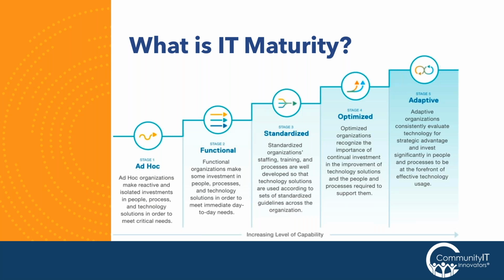But understanding where you are on the maturity scale in this maturity model gives you a sense of how much you need to be able to do. The other nice thing about the maturity model is it's a nice reality check. So if you're an organization that's operating from an ad hoc position, you want to set your objectives for implementing a new technology like Google Workspace that are realistic to what your organization can accomplish.